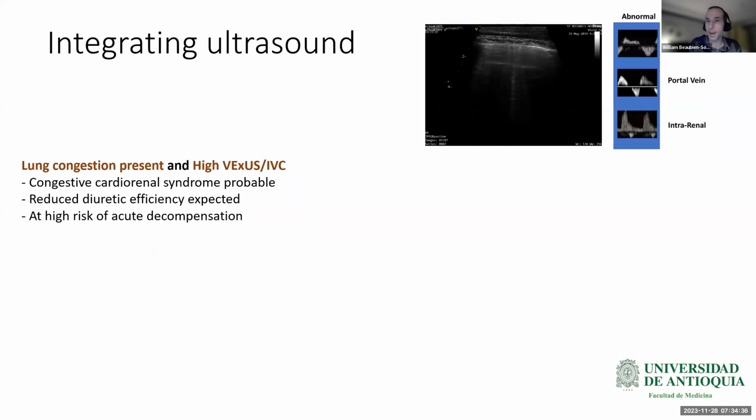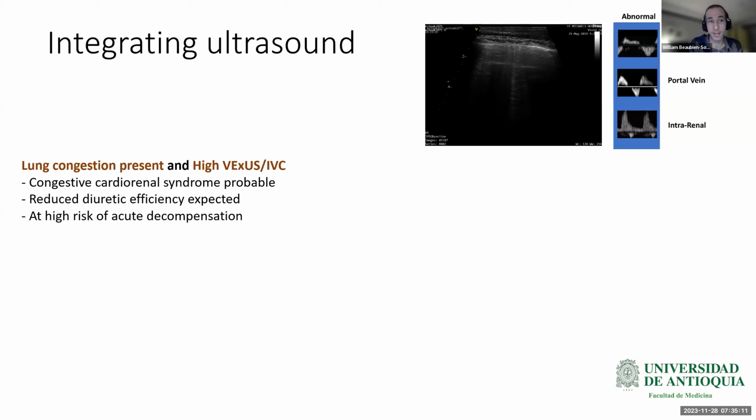So we combine both lung and venous Doppler, and we can then identify some phenotypes. For example, if there is a patient with a rising creatinine with both lung congestion and a high VEXUS, so abnormal venous Doppler ultrasound signs, then our suspicion that it is congestive cardiorenal syndrome becomes probable. We can also expect that this patient may have a reduced diuretic efficiency because of kidney congestion.